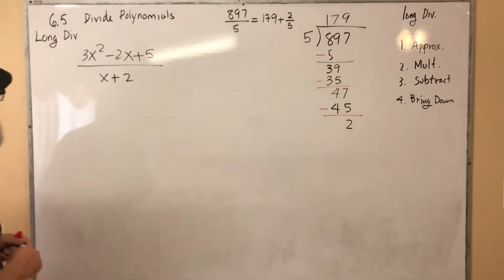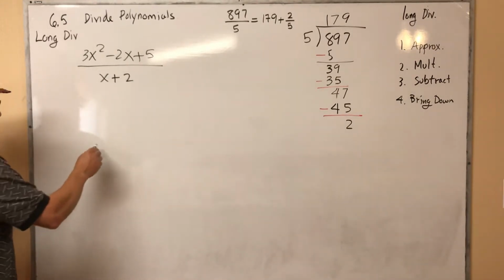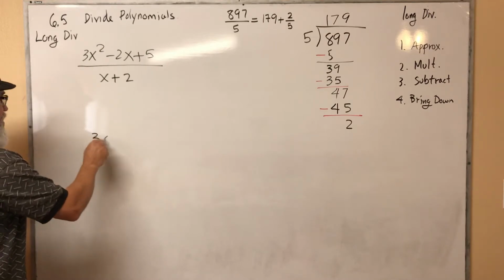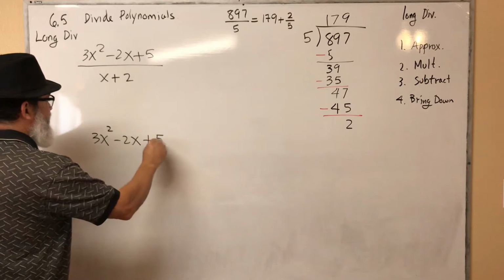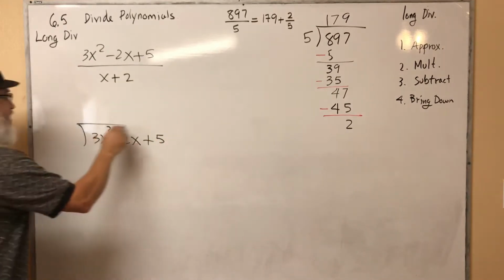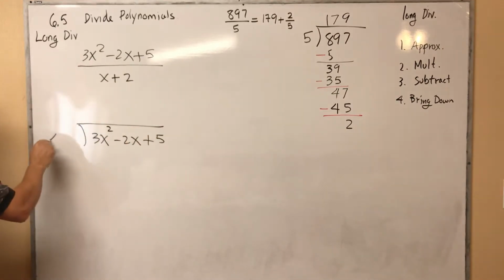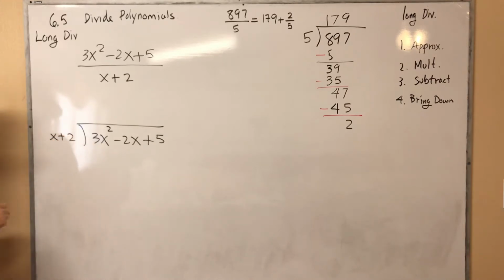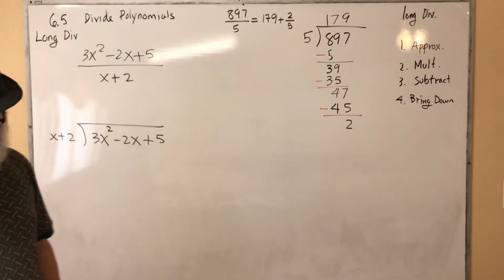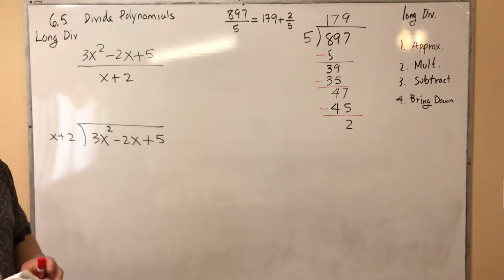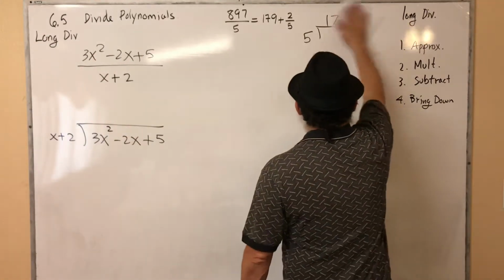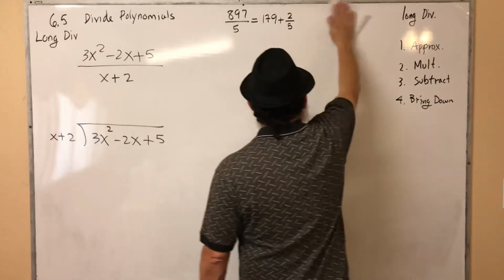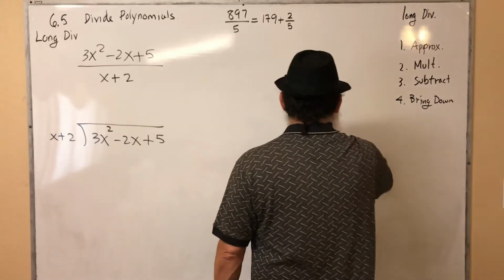So let us take the numerator, 3x squared minus 2x plus 5 divided by the denominator, x plus 2. Okay? I need the room, okay, guys?